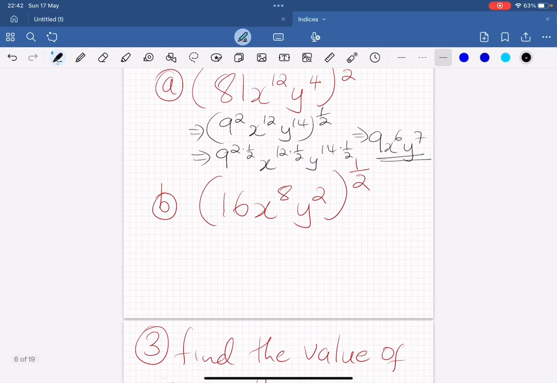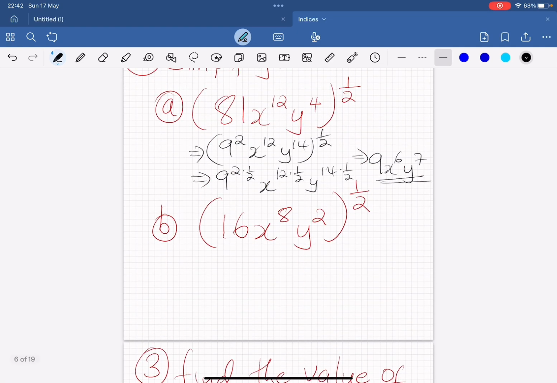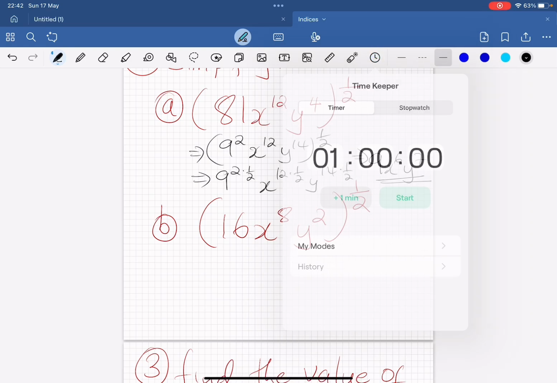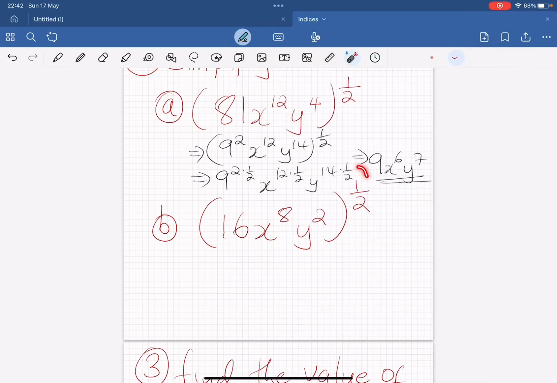Now, you are basically going to repeat the same thing for the next question. Noticing that we have half here means that whatever is inside, which is the 16, I must find a way of representing it as something to the power 2. Now, we all know that 16 is the same as 4 squared.